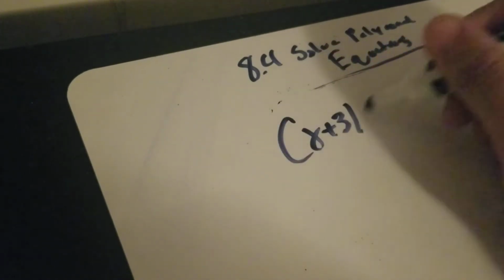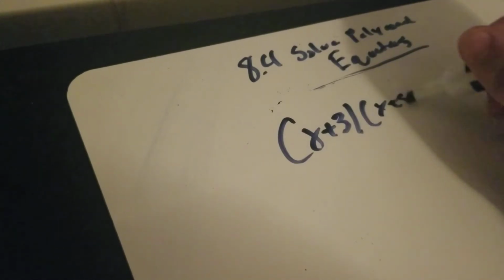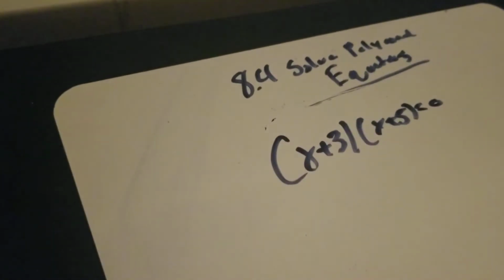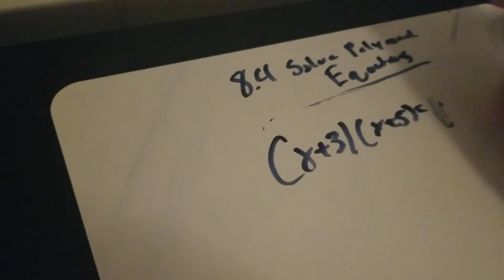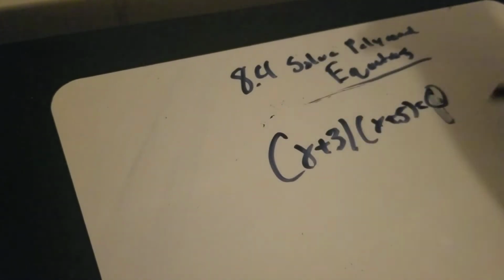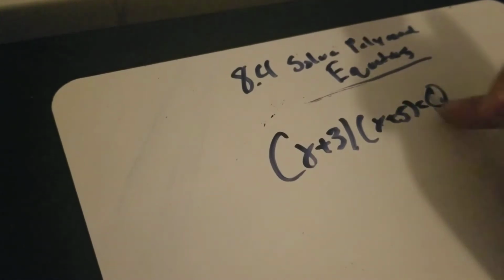So let's look back to the original problem, which I'll just erase and rewrite, which I believe was (x plus 3)(x plus 5) equals 0. Okay, so we can't FOIL it, and it doesn't really fix anything. We still have two x's, particularly x squared and x.